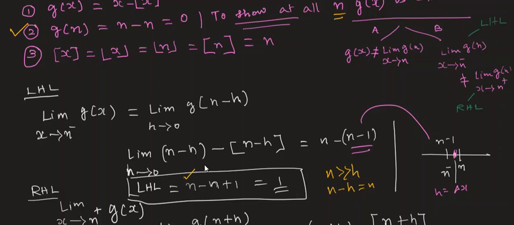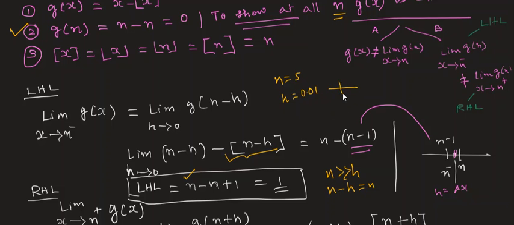So this is the first part. And the second part, the floor of n minus h. n minus h is very, very small difference. Let us consider n is equal to 5, and h is very small, say about 0.01.